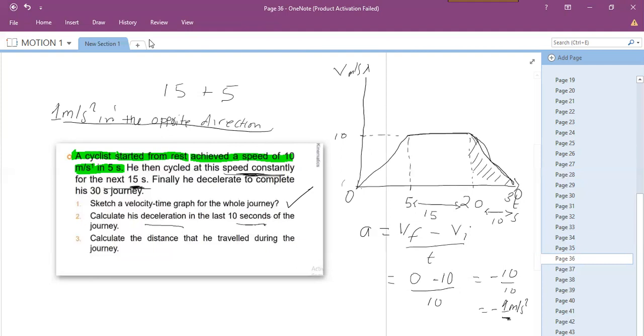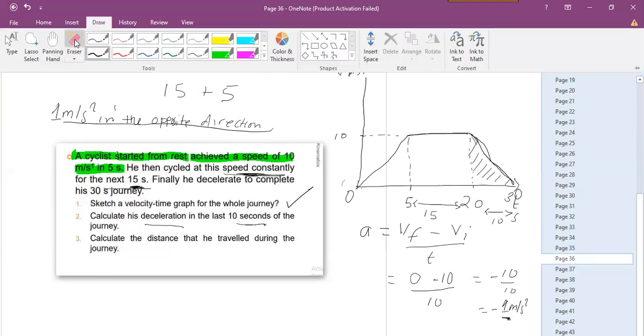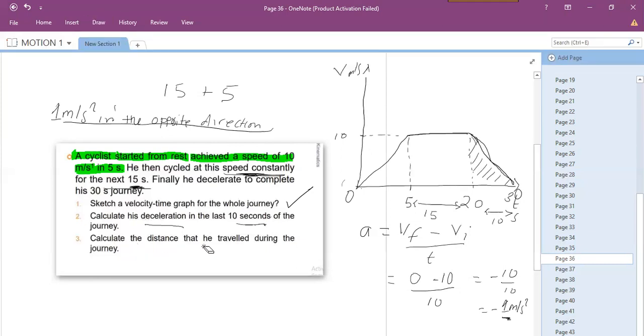Now the question goes further to say, calculate the distance that he traveled during the journey. So the area under the graph. Here we're going to use area under graph. There's this shape that has been made here called a trapezium.